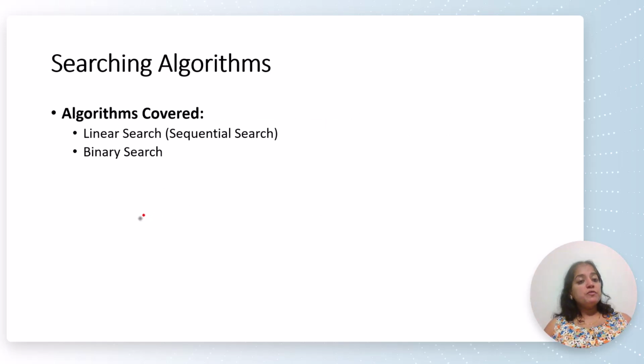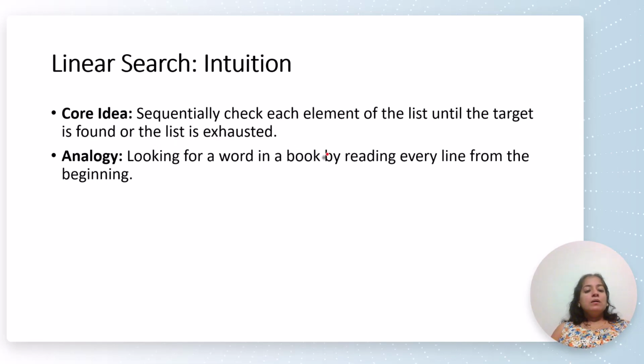So the algorithms which we are going to cover are linear search and binary search. Linear search is also called sequential search. Linear search is, as its name suggests, you start from the first element and go till the end of the list, checking each element until the target element or key element is found or the list has ended.